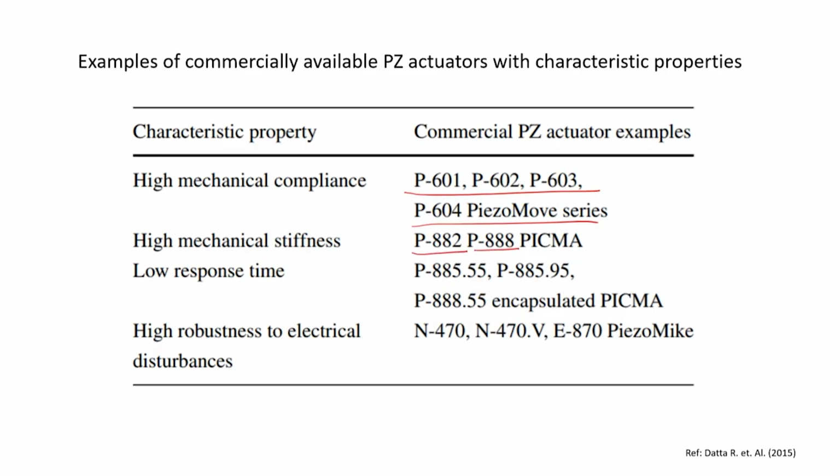If a low response time is okay, you can use this 885.55, and if high robustness to electrical disturbance is required, then you take this particular grade of piezoelectric material. So, you have a broad choice of such piezoelectric materials for different applications.